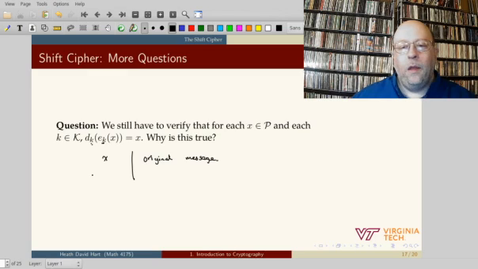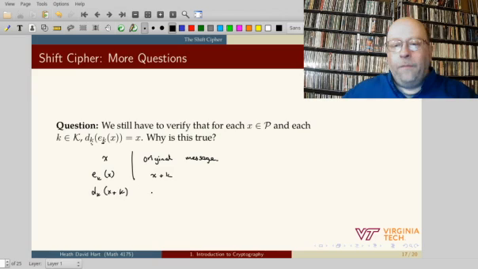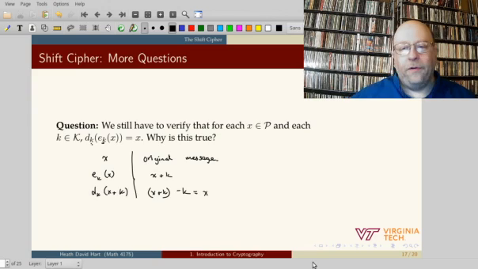It's true because the encryption using a key is x plus k, and then the decryption of the encoded message is x plus k minus k, which turns out to give me my x back. And so that works.